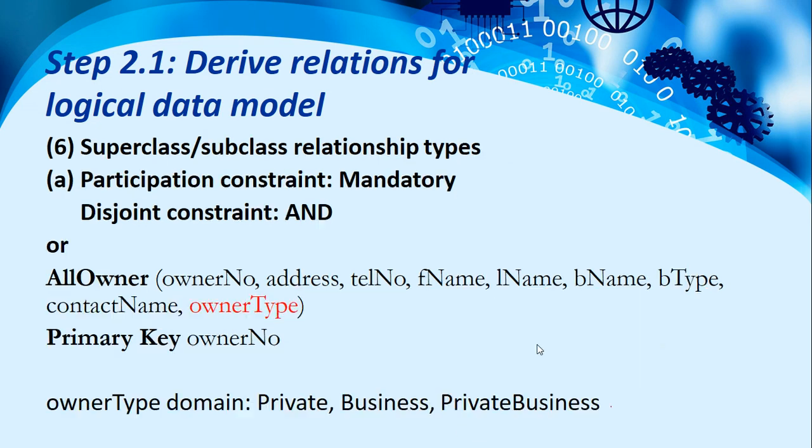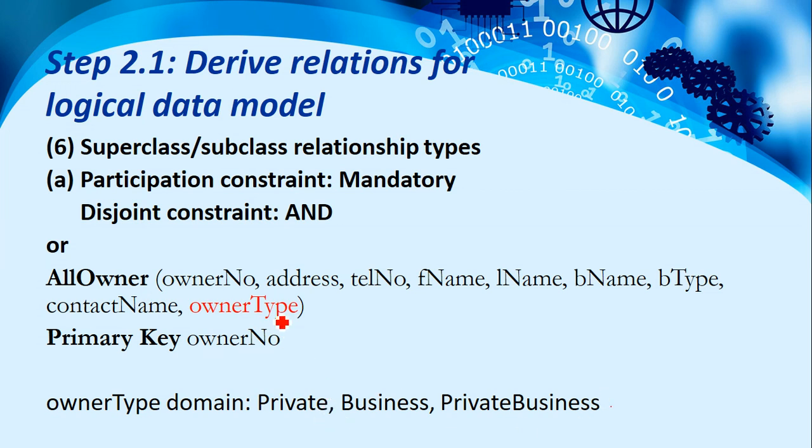And this one, isa lang talaga, regardless of how many subclasses yung meron mo sa superclass mo. So kung tatlo, apat o lima pa yan, isa lang. Sa values dito ka magchi-change.